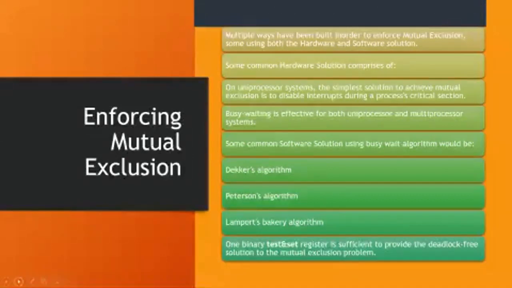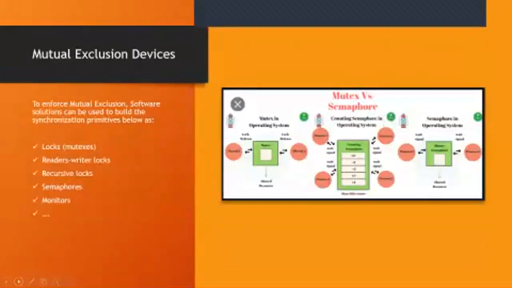These are different algorithms: Dekker's algorithm, Peterson's algorithm, Lamport's bakery algorithm. These algorithms, when executed, help in enforcing mutual exclusion. Mutual exclusion devices: this is the diagrammatic representation.